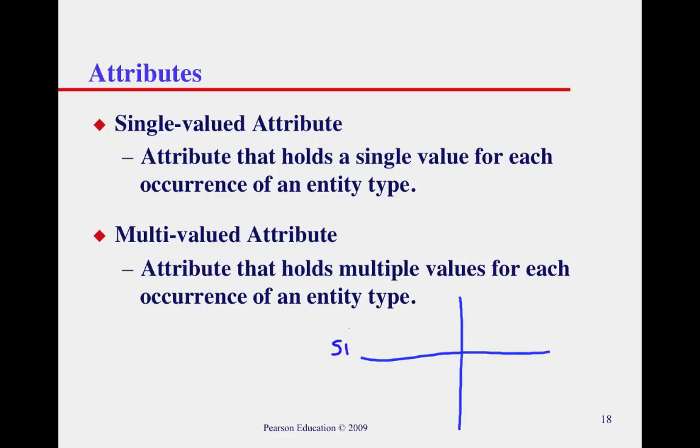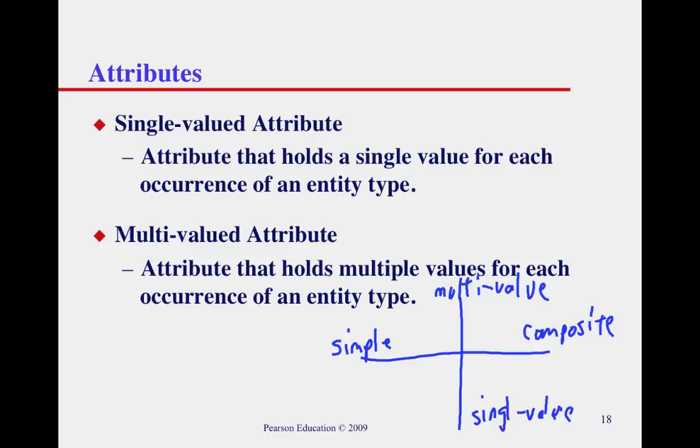Then there's an orthogonal case. So along one axis is simple and composite. Along the other axis, orthogonal, is single-valued versus multi-valued. So if you have multiple phone numbers for a branch, that's a multi-valued attribute.